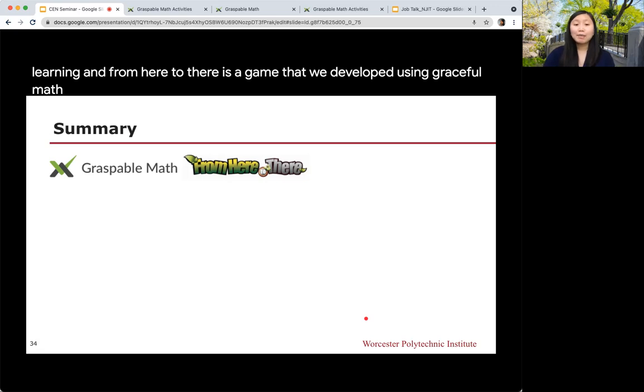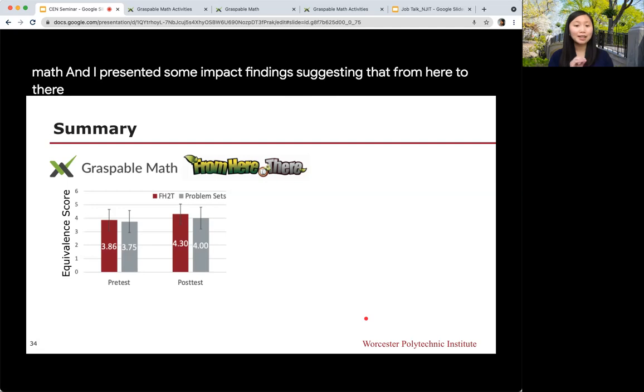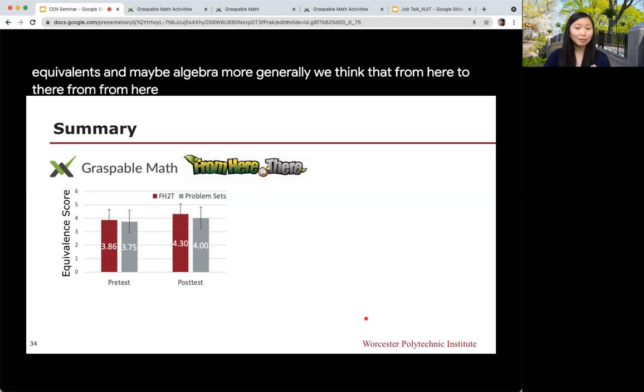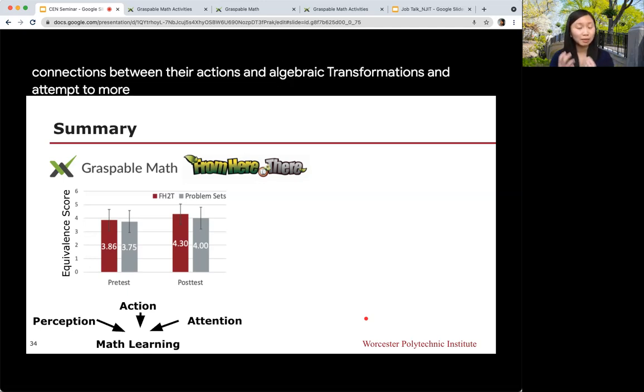I presented some impact findings suggesting that From Here to There may be an effective tool to support student learning on math equivalence and maybe algebra more generally. We think that what From Here to There may be doing is helping students make connections between their actions and algebraic transformations and attend to important structures in the notations.